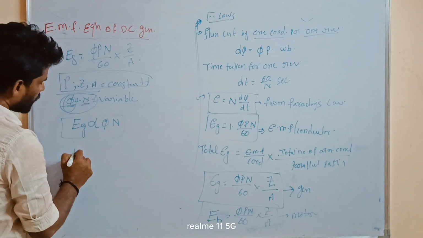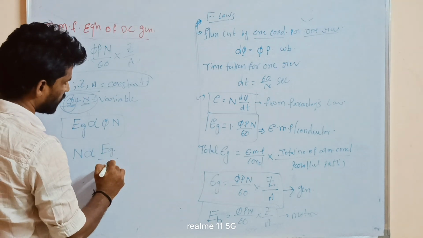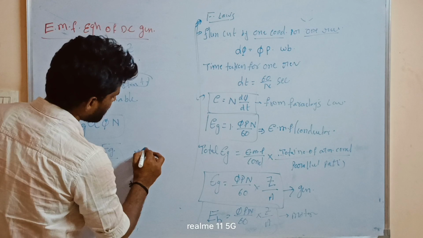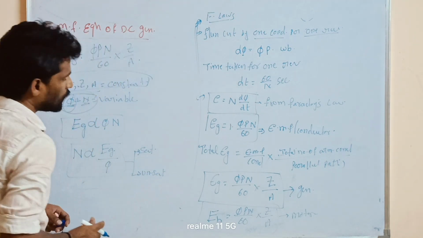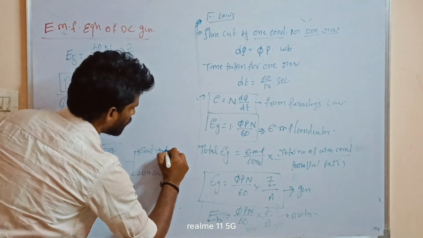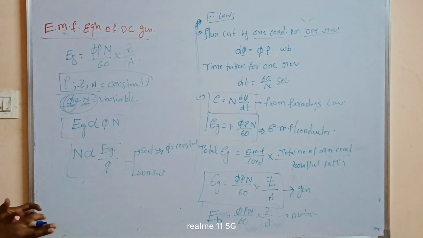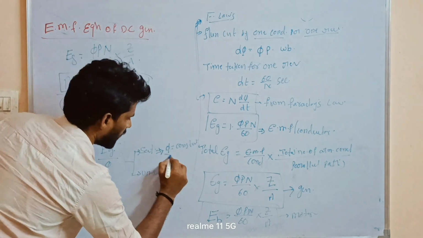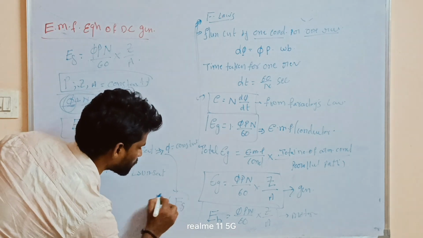So again, we can find the speed. Speed is directly proportional to the induced EMF over flux. But the flux has two cases: saturation and unsaturation. In the saturation case, the flux remains constant. In that case, speed is directly proportional only to the induced EMF, Eg.